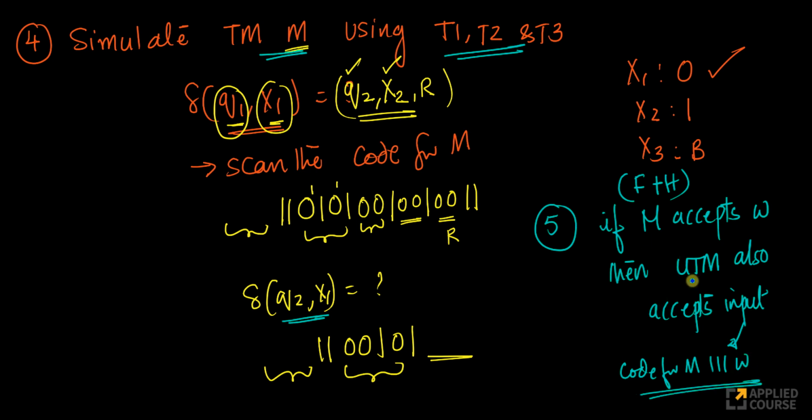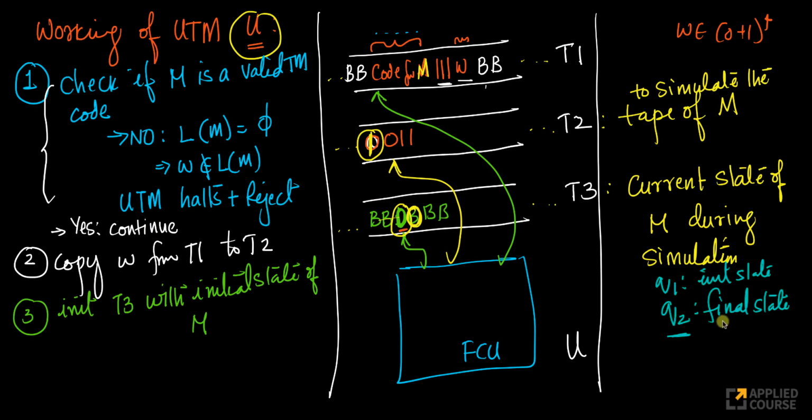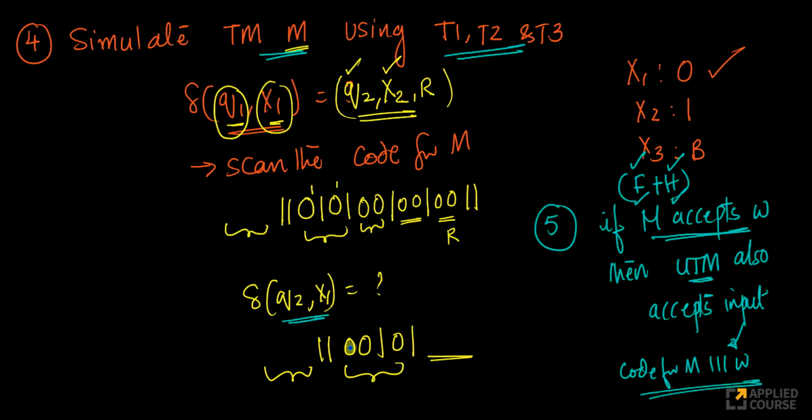So when M accepts W, which means through this simulation, if I reach a final state and if I've halted while I'm performing the simulation, then the UTM also says, yes, we have reached a final state. And I know we have reached a final state because Q2 is the only final state. And we have halted because there is no transition defined in my whole set of transitions in the code for M. Once I do that, it says, I'm also going to accept it. Simply speaking, that's what it does in a nutshell.